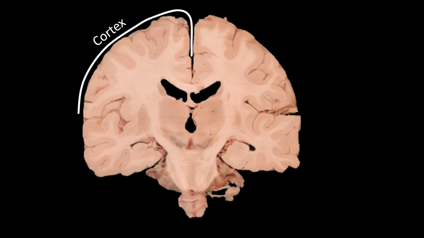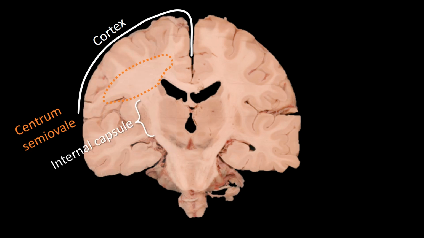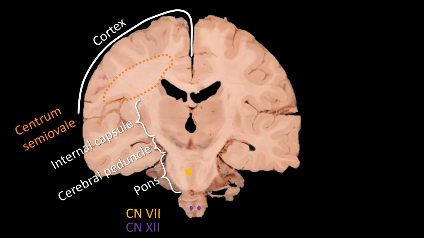Here I am indicating the cortex, centrum semiovale, internal capsule, cerebral peduncle, pons. The structure I have just added corresponds to the right facial motor nucleus, and the structures just added in purple correspond to the hypoglossal nuclei.